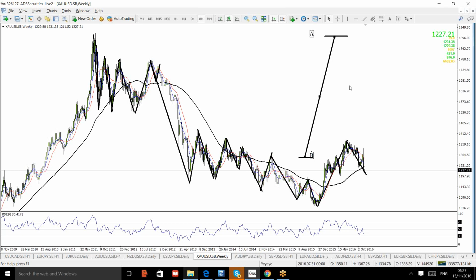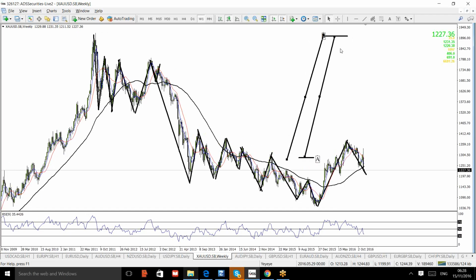So this is a leg. Now let's say we want to take the retracement of it. Retracement means, if the price has risen from, sorry guys, this is A and that is B, if the price has risen from the bottom to the top here, from A to B, how much can the price retrace of this leg?